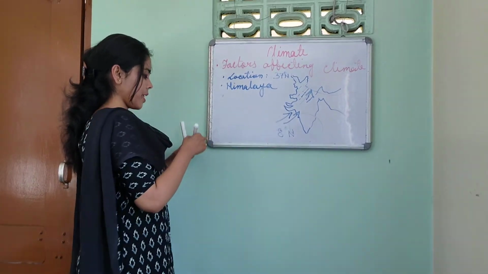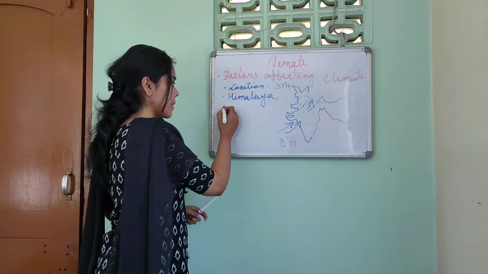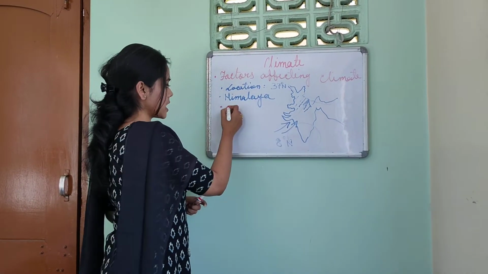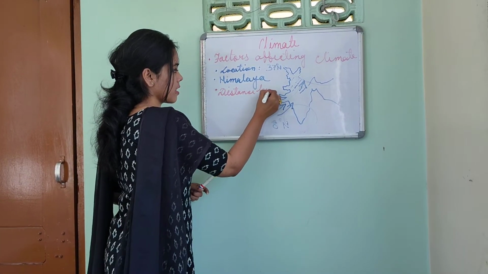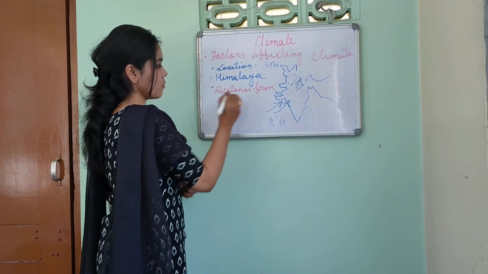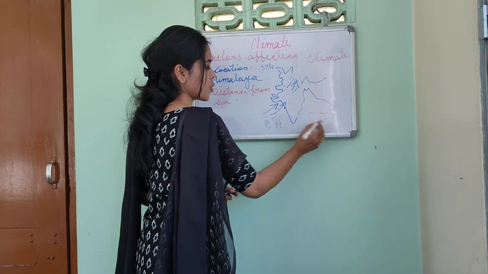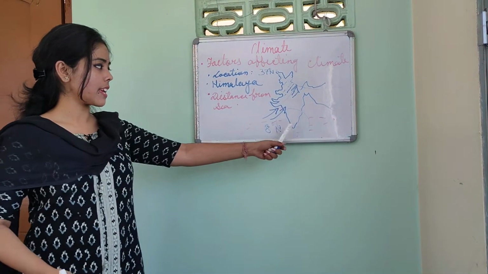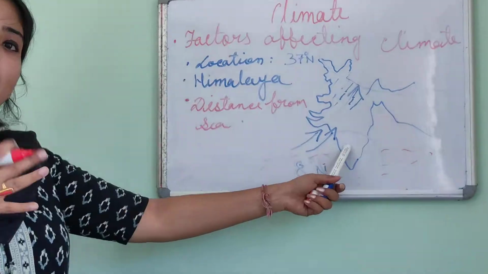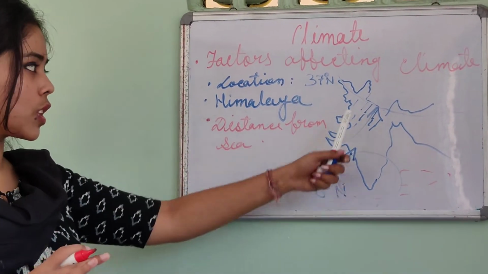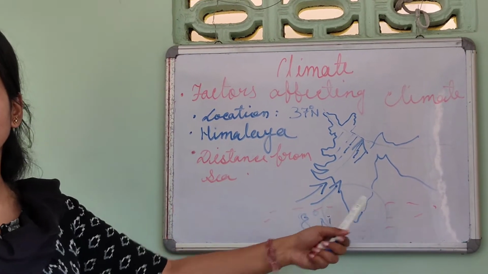Number 3 is distance from the sea. Distance from the sea means again that maritime and continental. So here seas are present. When the area experiences the maritime climate, that means automatically their situation is quite good from the area which is not experiencing the maritime climate.